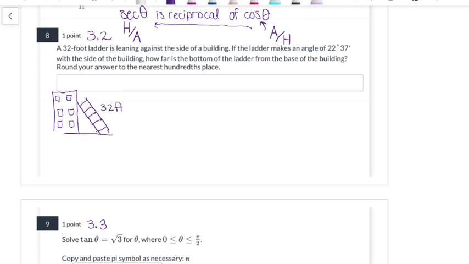The angle that it makes with the building always comes from the ground. And then we want to know how far away it is from the ground.